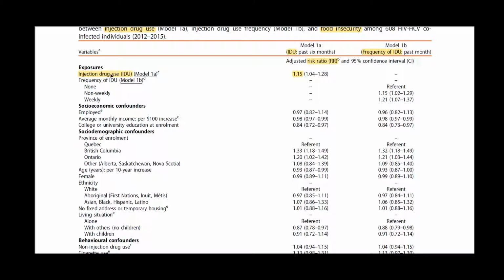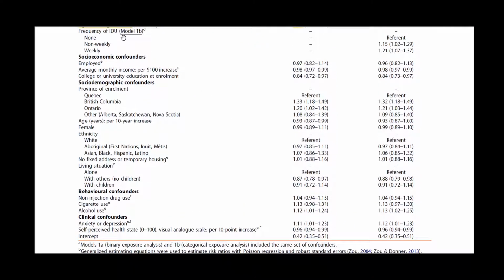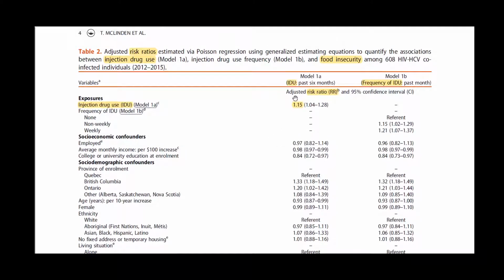The takeaway message is that injection drug use, after adjusting for all of the aforementioned confounders, which you can see here, is associated with the outcome because the risk ratio after adjustment is 1.15. The number you see here is known as a 95% confidence interval, which is closely tied to statistical significance, and we will unpack this concept in a later video.